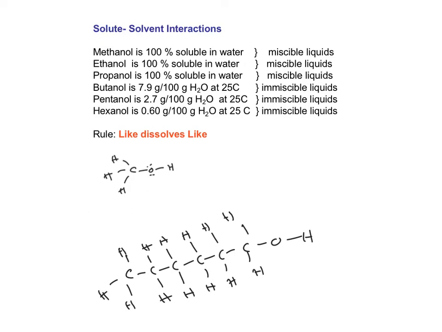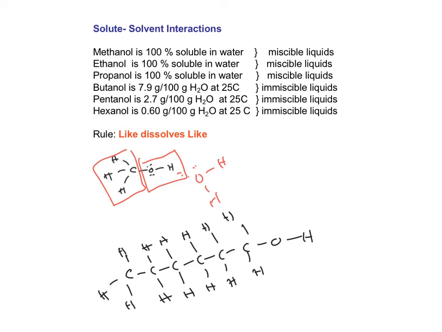If you compare these two molecules, you can see that this part of the molecule is polar, this part of the molecule is nonpolar. So this is going to have a high probability of dissolving in water. It'll just hydrogen bond to water, no problem. And there's 2 lone pairs on the oxygen.